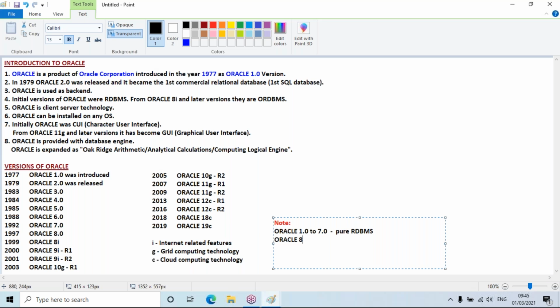Similarly, Oracle 8.0 to 19C, they all come under the category of ORDBMS. And here, ORDBMS is a combination of RDBMS plus object-oriented features. That is how ORDBMS stands.